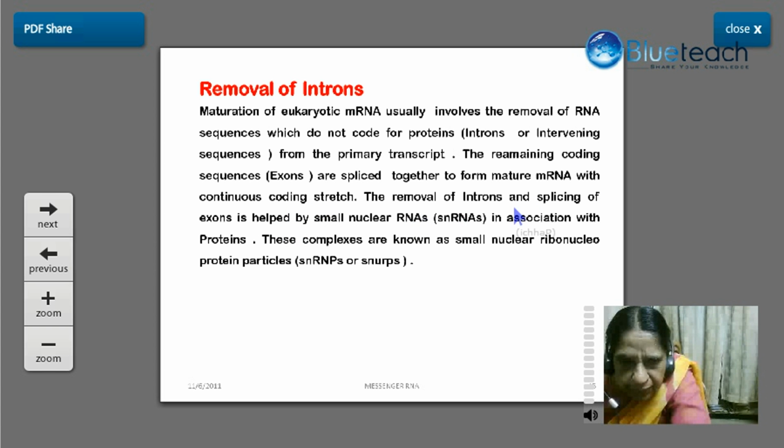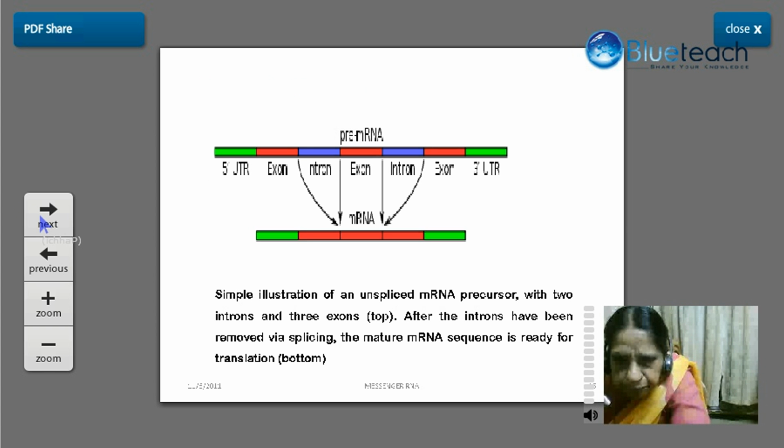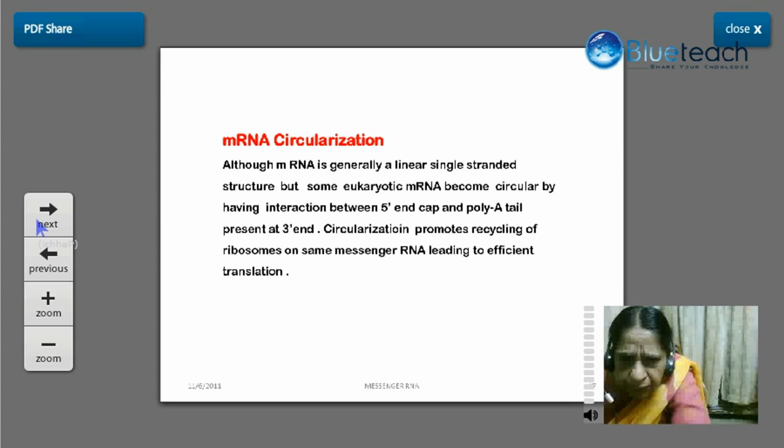The removal of introns and splicing of exons is helped by small nuclear RNAs in association with proteins. This slide shows how the introns, shown in blue color, are removed and the exons, shown in red color, are spliced with each other to form a continuous coding stretch.